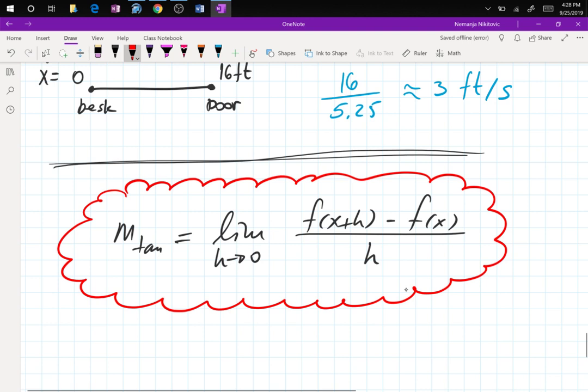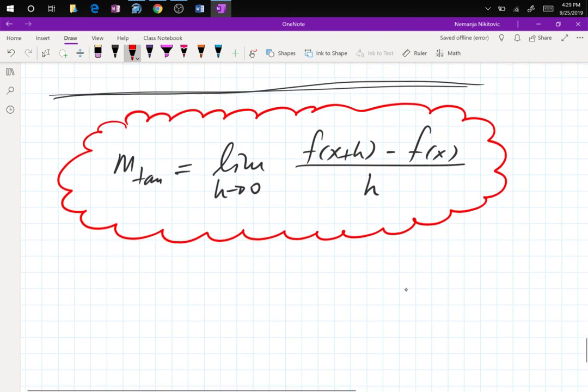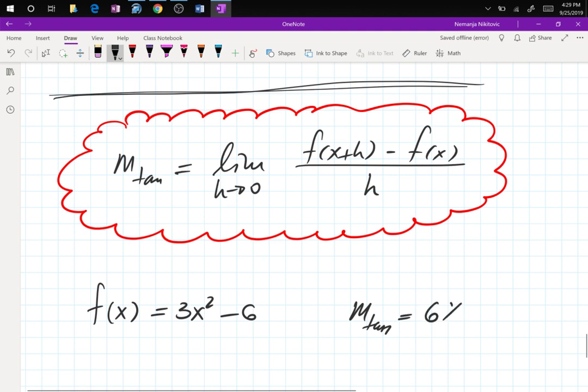And now I want to draw your attention to this. We started with f of x is equal to 3x squared minus 6, and we ended up with the m tangent to be 6x.